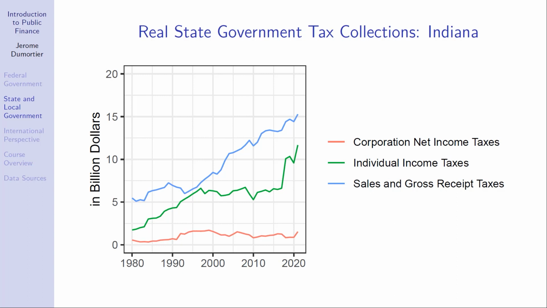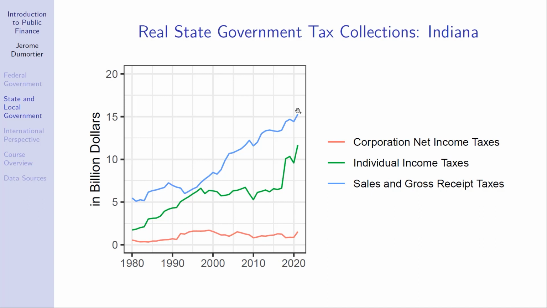Now here I have taken Indiana as an example, where we have data about the state and local government tax collections. You can see that over time, the sales and gross receipt taxes between 1980 and the most recent year, 2021, have increased significantly from about $5 billion to $15 billion.